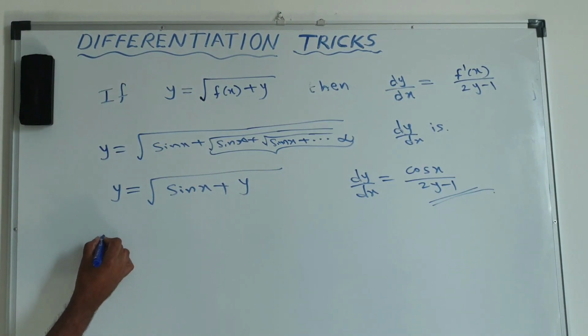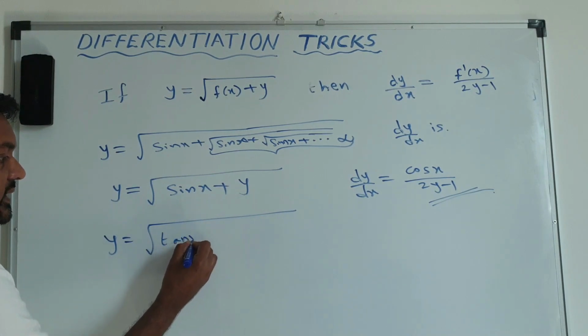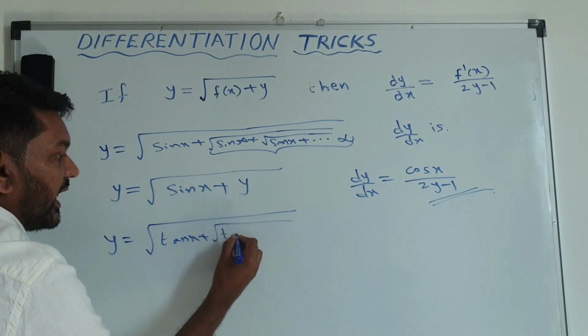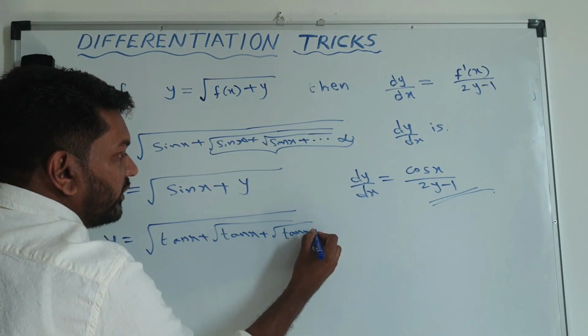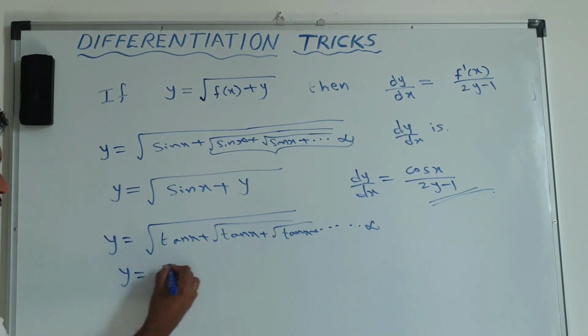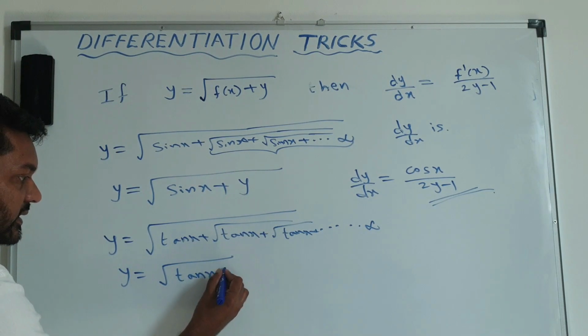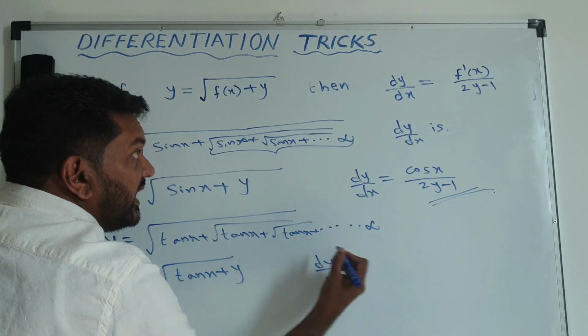You can take another question, y equals root of tan x plus root of tan x plus root of tan x up to infinity. You can write it as y equals root of tan x plus y. Now dy by dx will be f dash x.